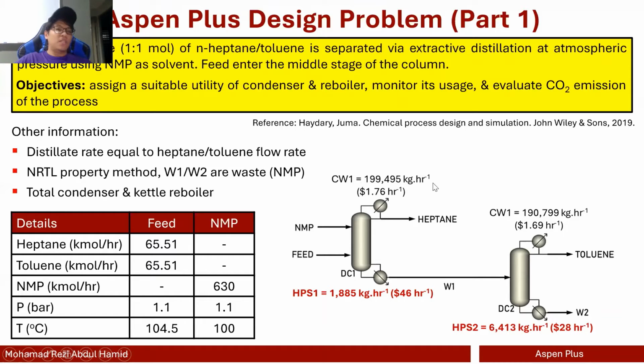One cubic meter is around one ton, so for 200 tons you just need to multiply 0.15 by 200. You will probably get around, I don't know, maybe 5 ringgit. I have no idea, but what I'm trying to say here is that cooling water in general is quite cheap.